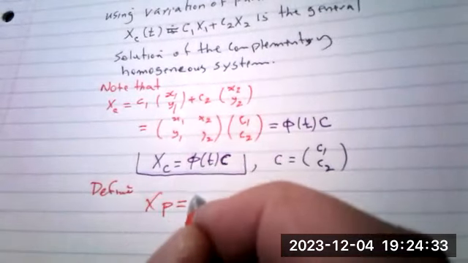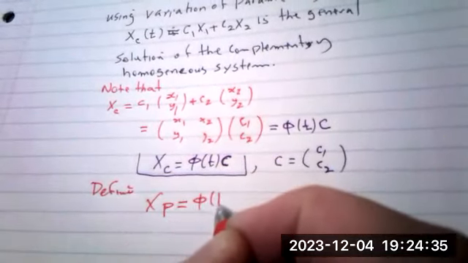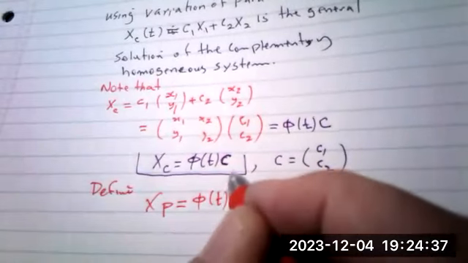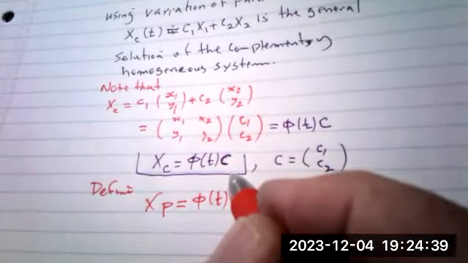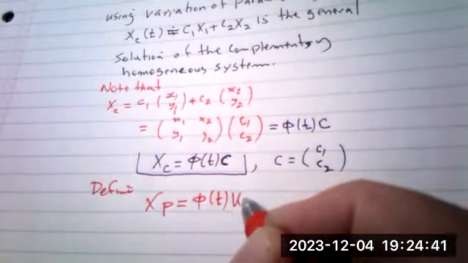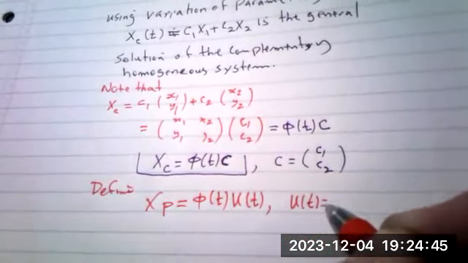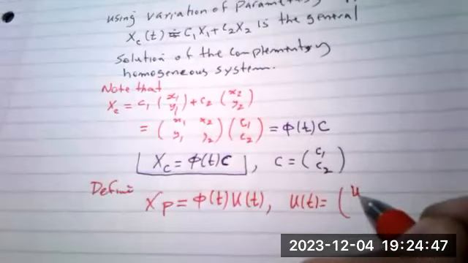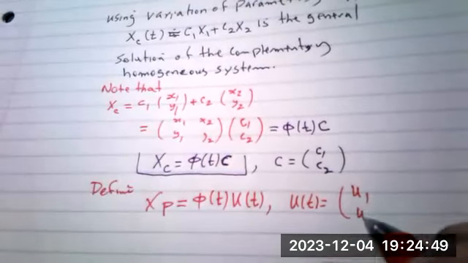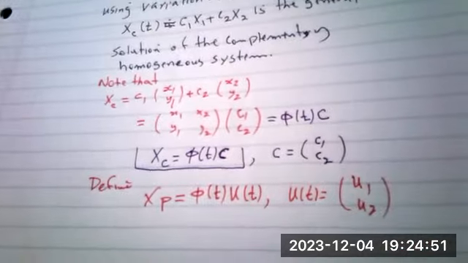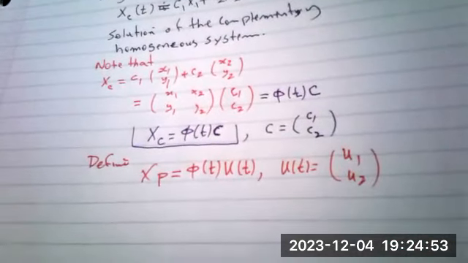This is phi of t, the general solution that we have. We change the c into a function, so we call it u of t. But this u of t is going to be a matrix, u1 and u2, the one that you have when you use the method of variation of parameters.